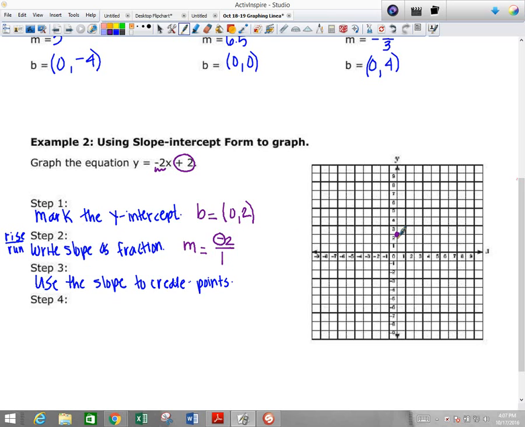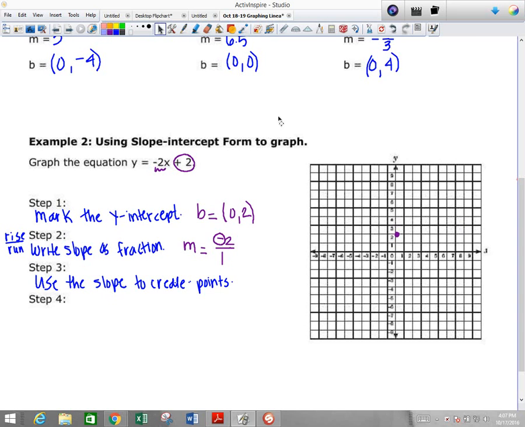That means that my slope has to be decreasing from left to right. So I'm going to rise 2, 1, 2. Now I need to decide whether I'm going to go left or right. You go right when you know your slope is going to be positive. You go left when your slope is going to be negative. If you can imagine drawing a line, then you need to be decreasing from left to right. So if I go here, I know I'm going to be decreasing from left to right.